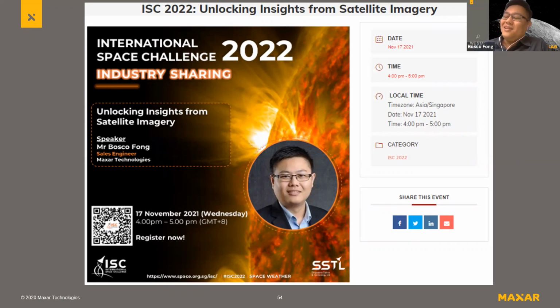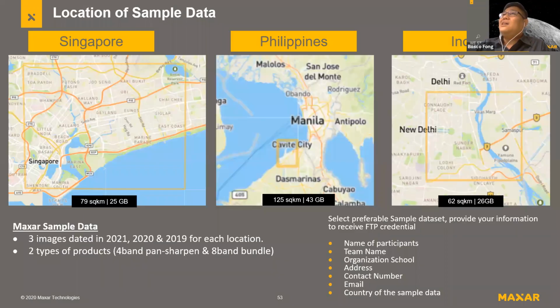So just now, Stephen, I'm not sure you noticed the total file size of our satellite imagery is actually very huge. For example, the Singapore data set is just 79 square kilometers. Inside we have two sets of products, 4-band pan-sharpened and also 8-band bundle. If you're processing maybe just the 8-band bundle, this will be lighter, because the 8-band bundle is before pan-sharpening, so the file size will be smaller compared to after pan-sharpening.